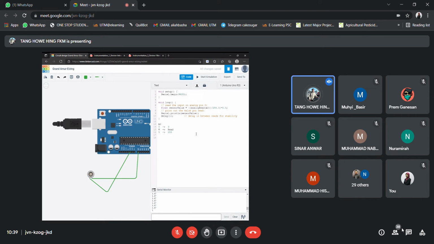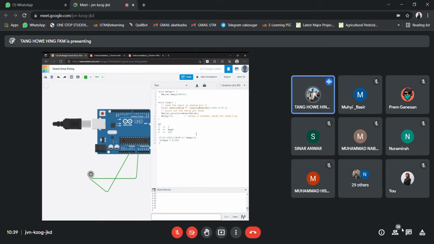So what I need to do is 5 minus 0 divided by 255 minus 0, and this equals V minus 0 divided by the reading value minus 0. Therefore, from here we get that V divided by reading is equal to 5 divided by 255.